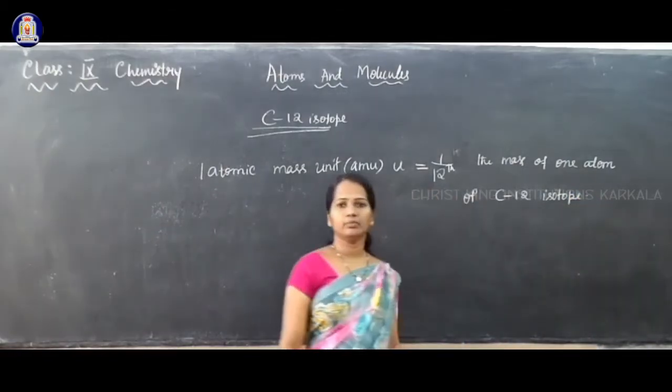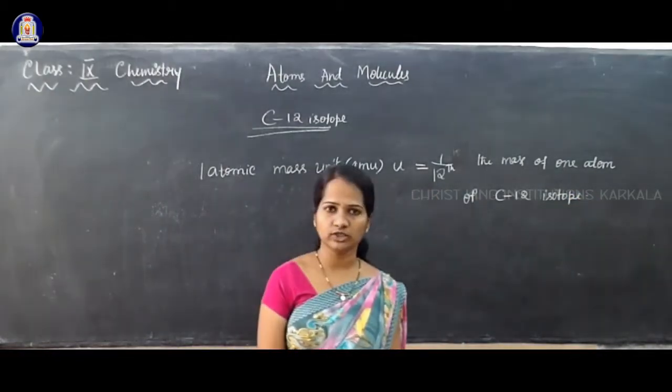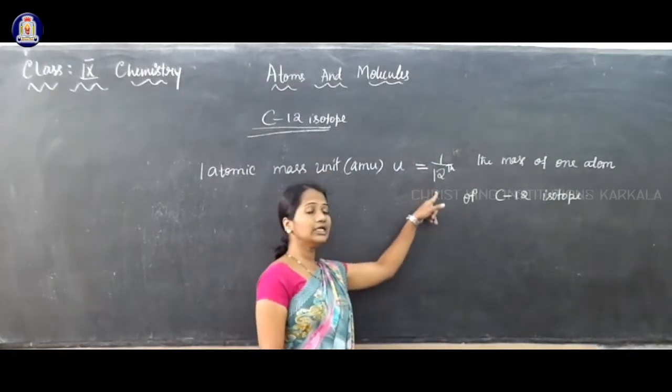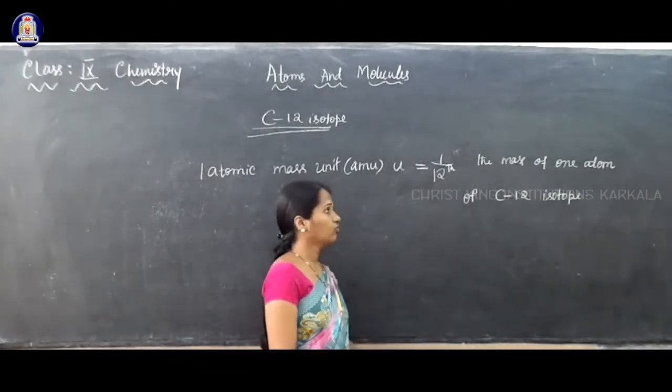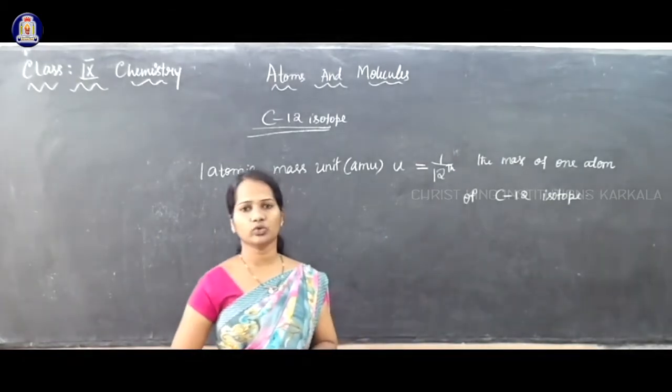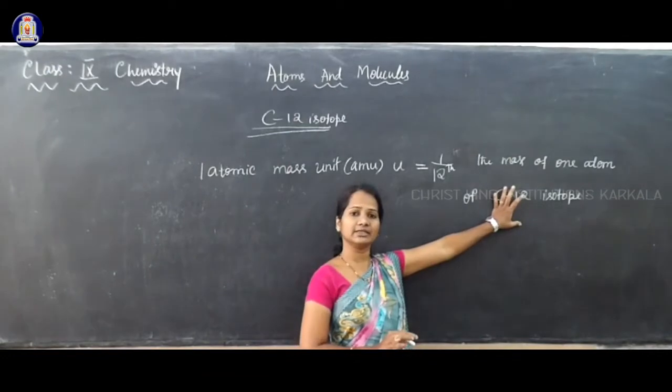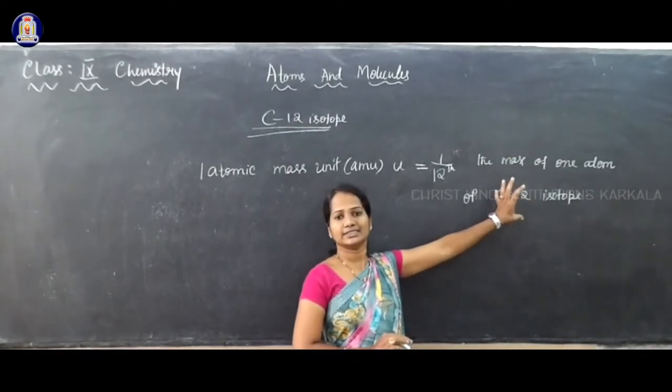So, 1 atomic mass unit is equal to 1 by 12 the mass of one atom of the carbon 12 isotope. The carbon 12 isotope was selected, it was chosen as the standard.